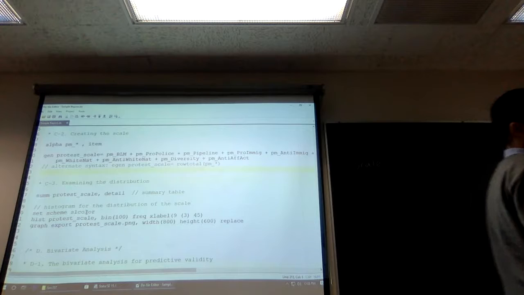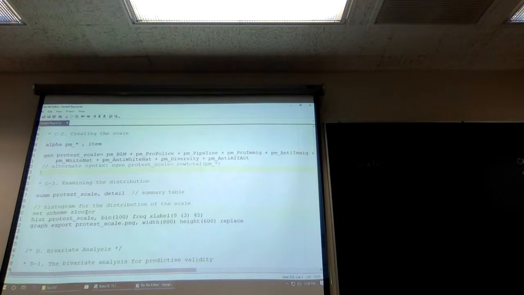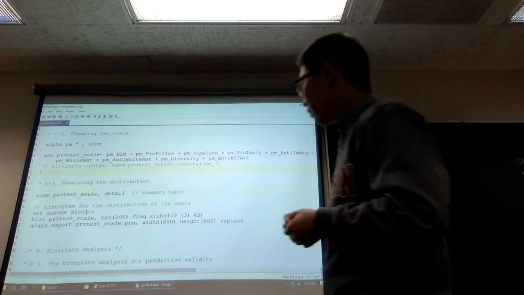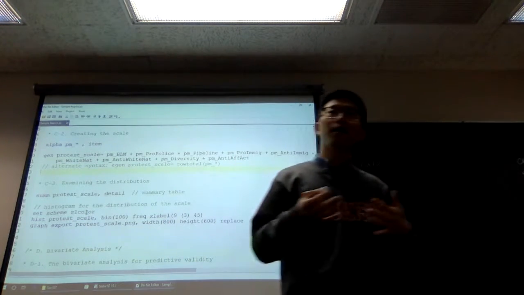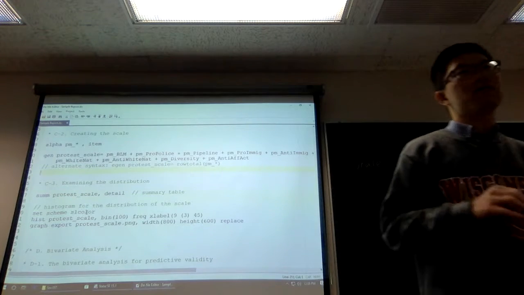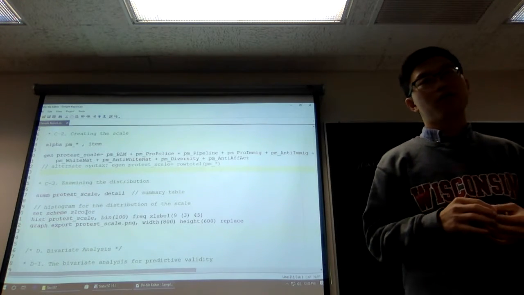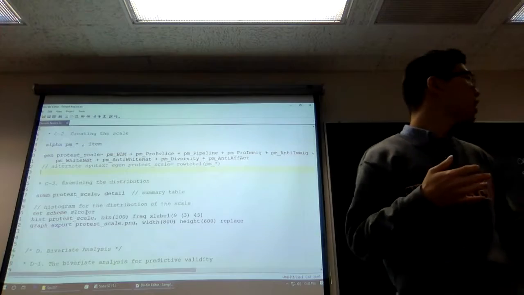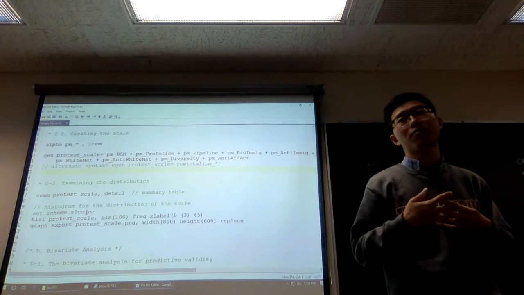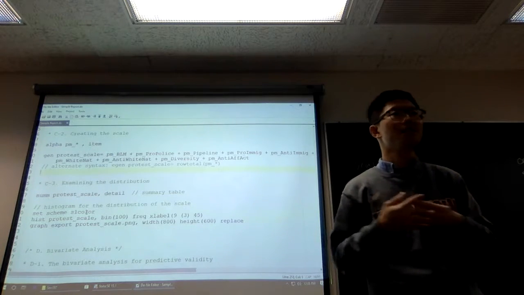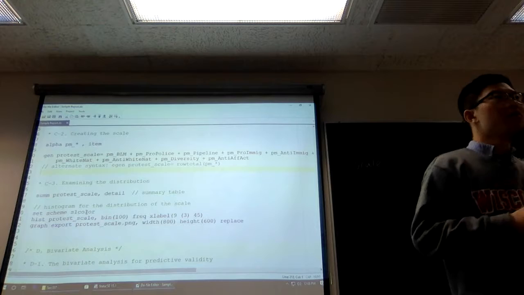So if this person said, say, I feel very irritated all the time, then this person should not say I'm happy all the time at the same time, right? To have a certain level of consistency in the responses, right?